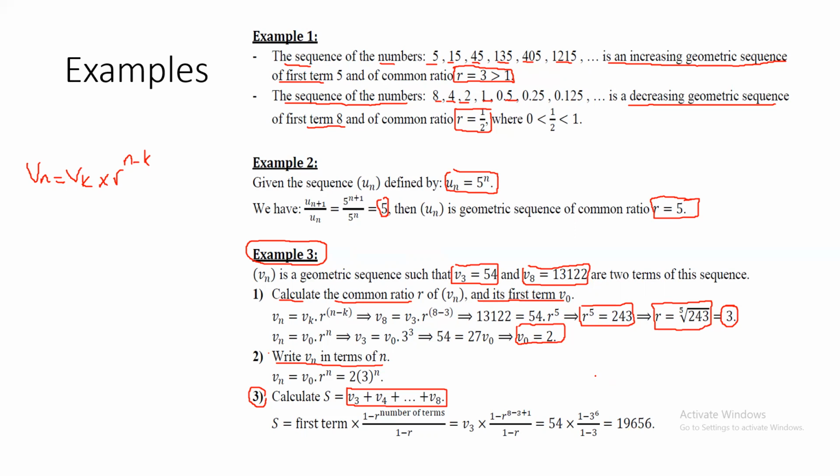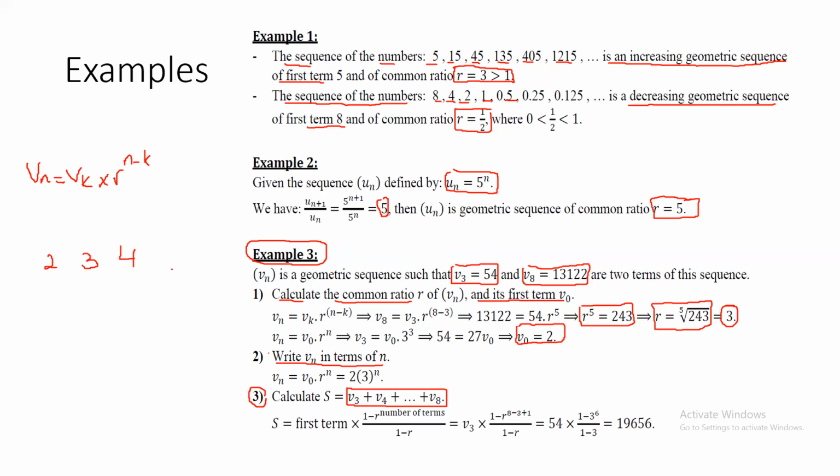To know how many terms between 3 and 8, I subtract 8 minus 3 and add 1. Why do we add 1? For example, if you have chapters 2, 3, 4, how many chapters do you have in all? 3.